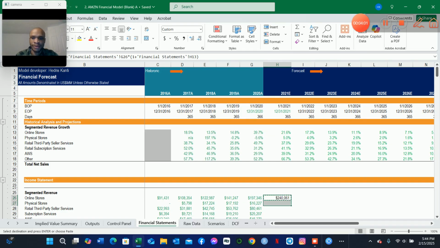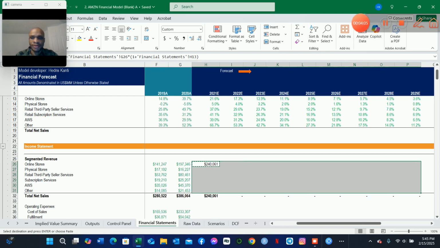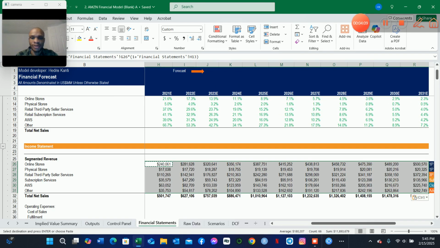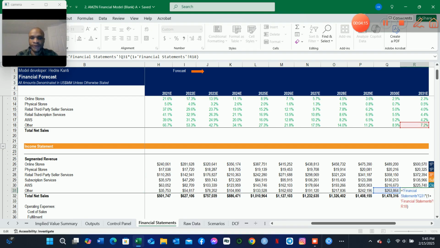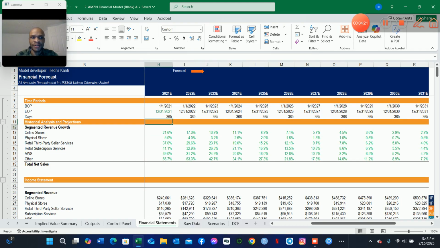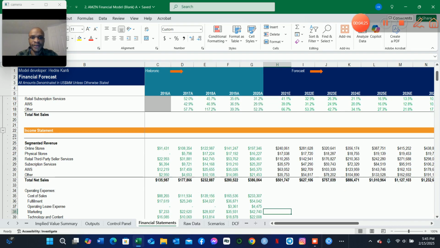We could copy this all the way to the end of the decade, to the year 2031. And as you can see, we have Amazon's revenue growing at the base case. So we have that in place there.